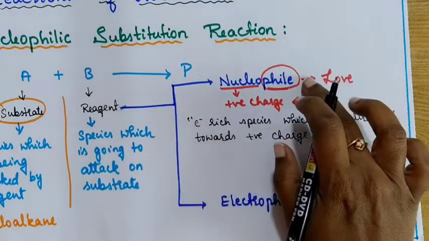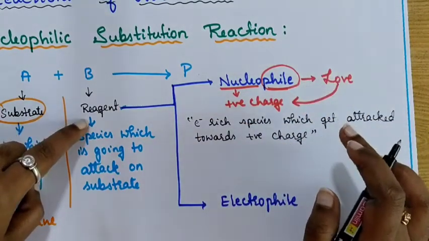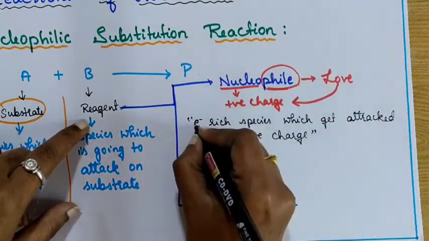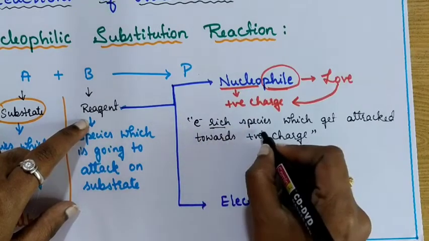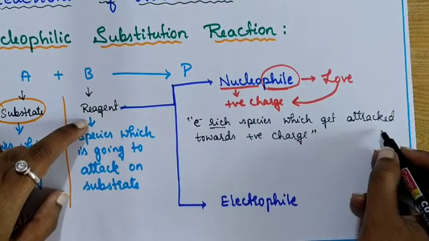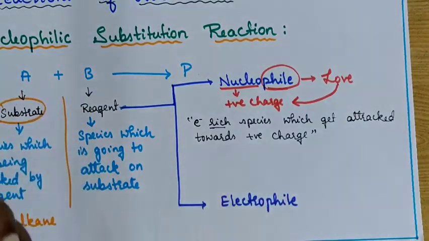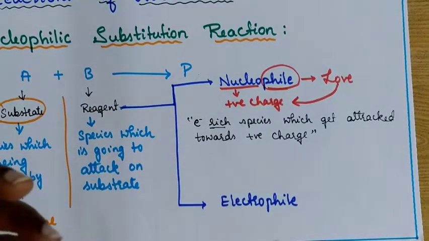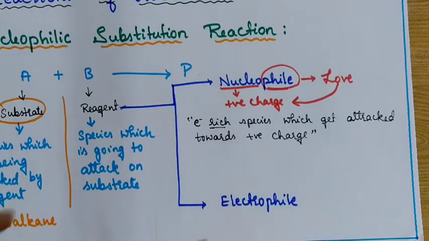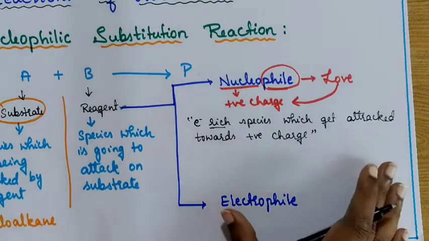So nucleophiles are nothing but the reagent, in that particular electron rich species which will get attracted towards the positive charge. Only if electrons are present in more number, that means it is an electron rich species, then only it will get attracted towards positive charge.